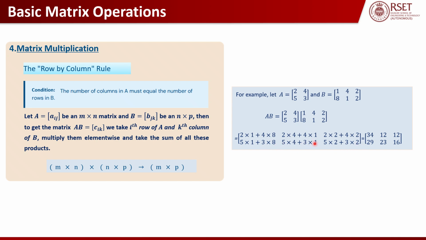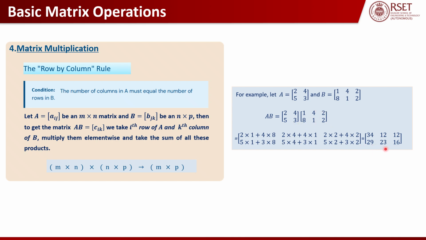What is the next element? The same row multiplied with the second column. I have said row by column: we take the row and next we take the column. The next element is 5 into 4 plus 3 into 1, and the next element will be 5 into 2 plus 3 into 2.